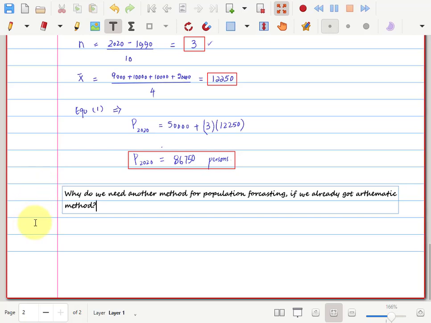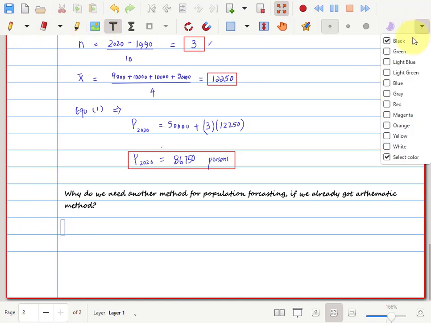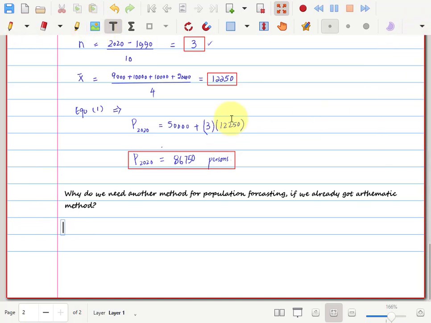The answer is that we need it because the arithmetic method has some drawbacks.